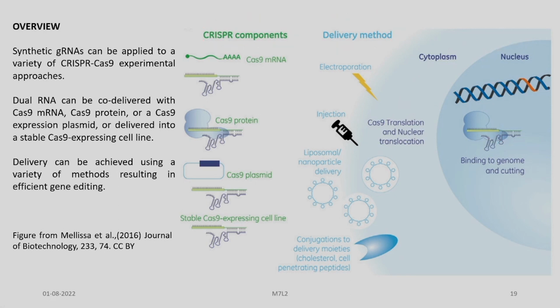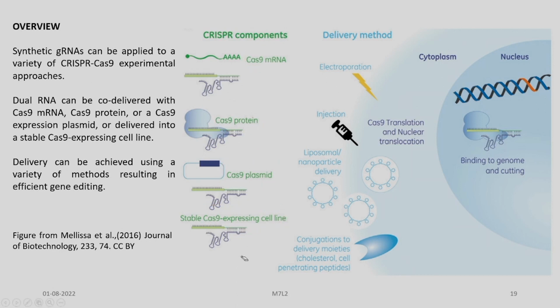The synthetic guide RNAs can be applied to a variety of CRISPR-Cas9 experimental approaches. Dual RNA can be co-delivered with Cas9 mRNA, Cas9 protein, or Cas9 expression plasmid, or delivered into a stable Cas9 expressing cell line. So, these are the various approaches.